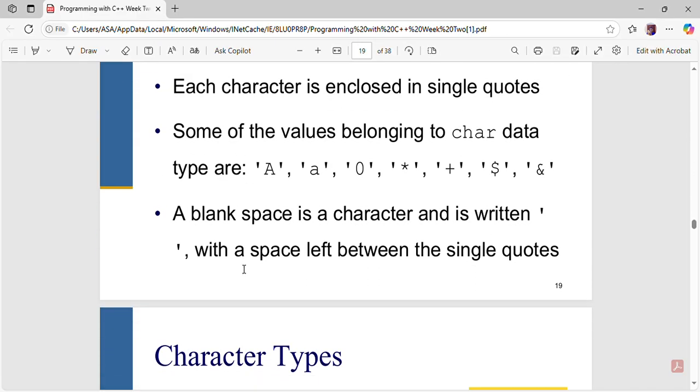A blank space is a character and is written with a single quote, and then another quote closing it with a space left between the single quotes.